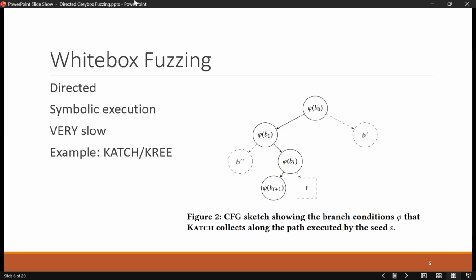A white box fuzzer that's currently state-of-the-art is Katch, which is based on KLEE, and that's what AFLGo, the fuzzer in this paper, was tested against.